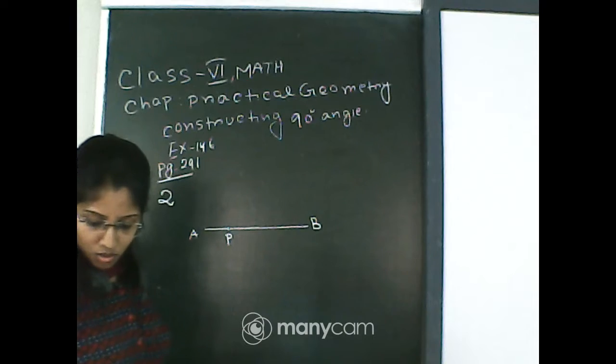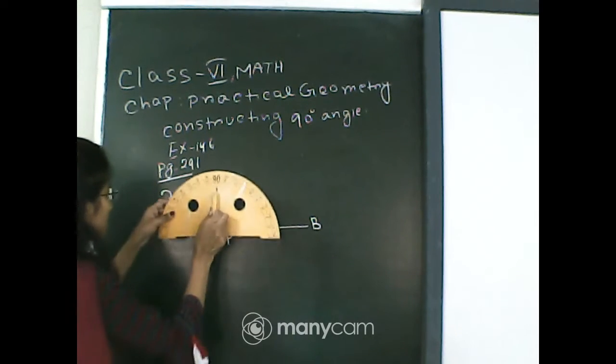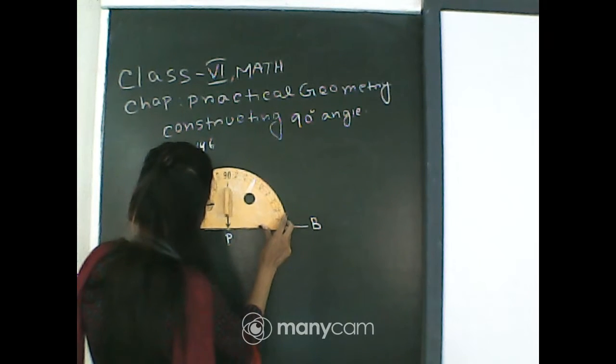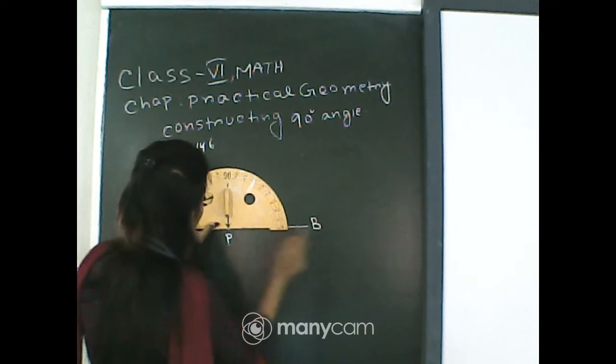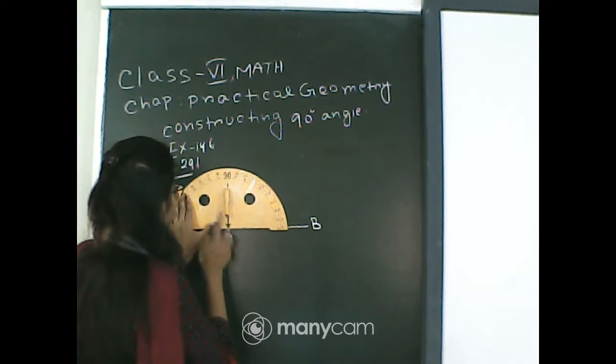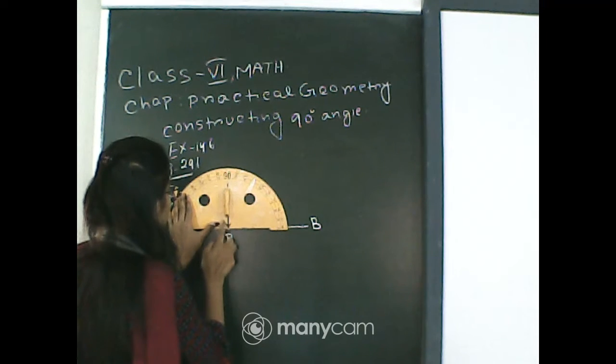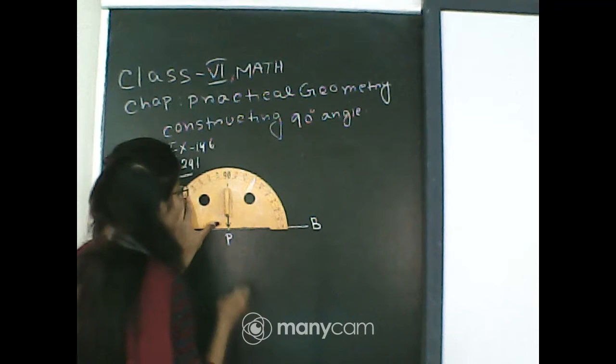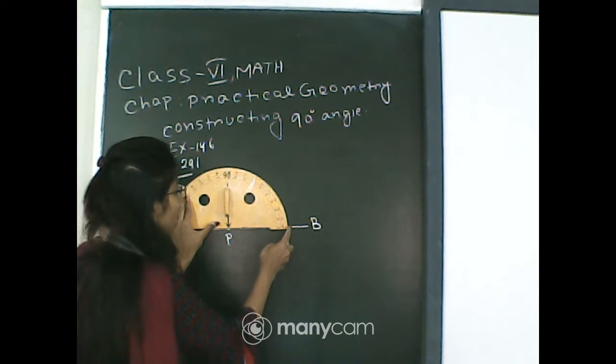Okay. Now place the center of the protractor at P and 0 edge along AB and start with 0 near B.